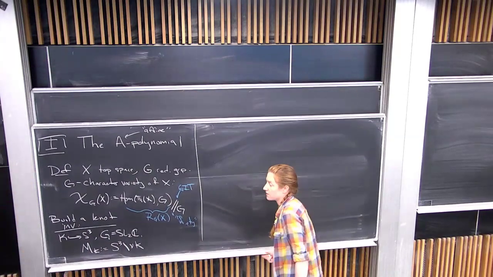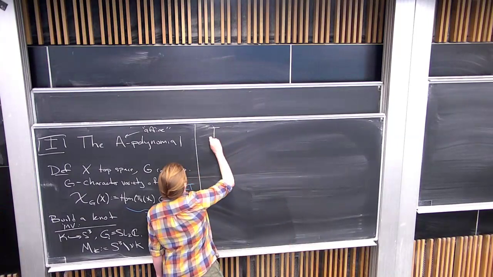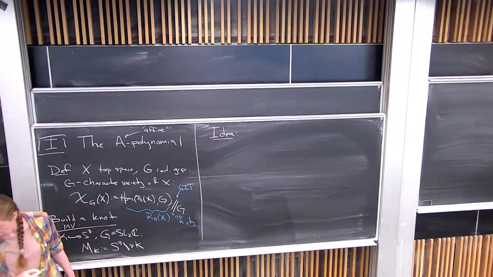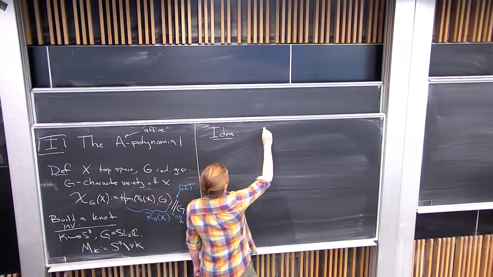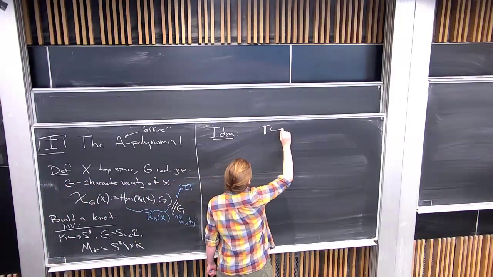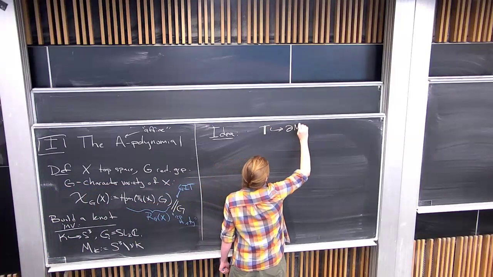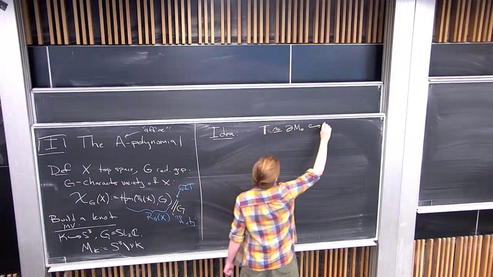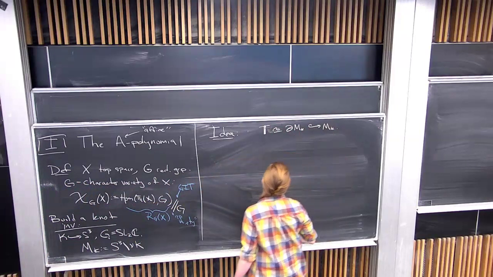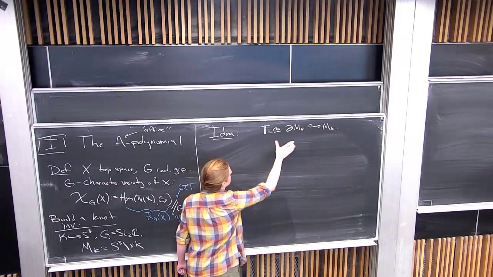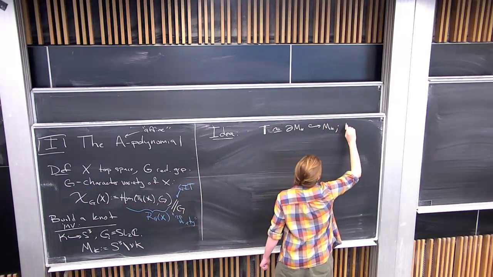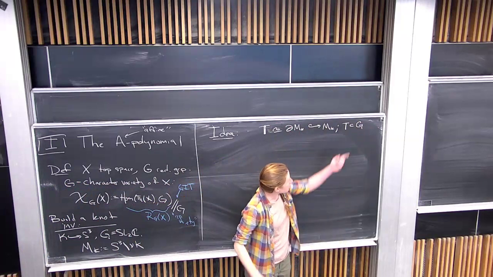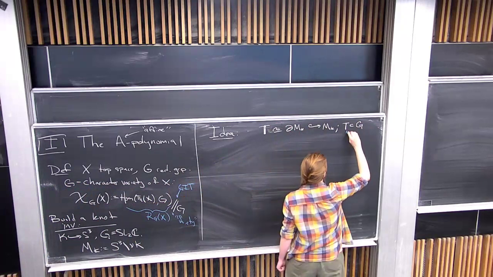So here is the idea behind this construction. I have a torus sitting as the boundary of this knot, which is just a torus in M sub K. And I'm going to use the fact that inside every reductive group, including SL2C, I have some maximal torus, so some Cartan.